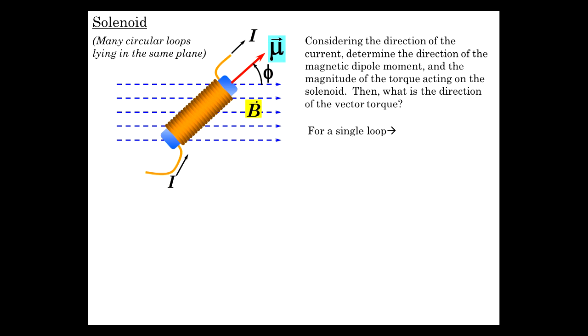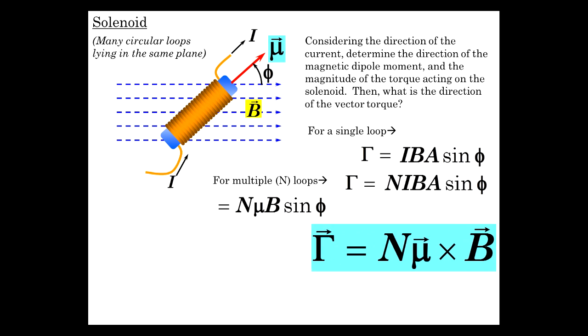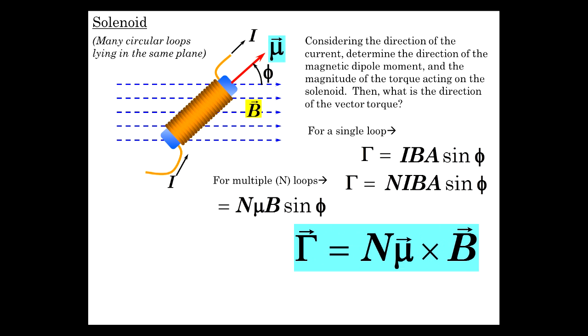Now for a single loop of the wire, the torque is IBA sine of phi. For a number of loops, it's just n times that, which is n mu B sine of phi. So we have our answer. The torque is n mu cross B. Very simple and very similar to the regular coil.